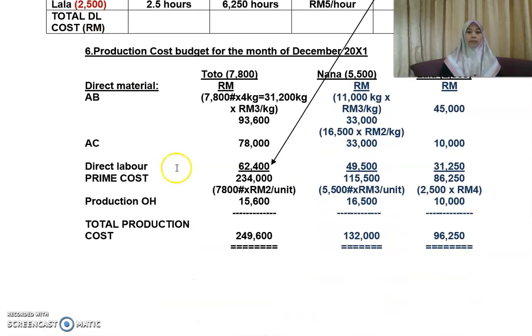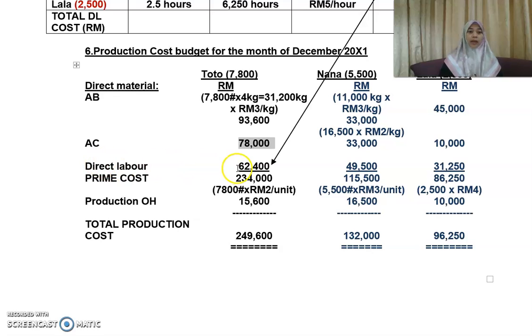So this will be the quantity that you require times with the rate per kg. For AB, the rate is 3 ringgit per kg. So you times with the 3 ringgit per kg, you will arrive at this figure. So you do the same thing for AC.